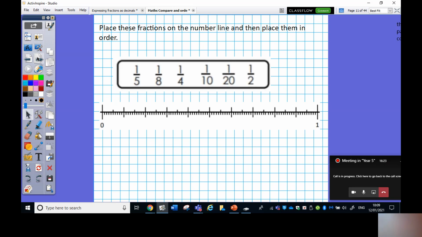Our number line's been divided into 100 equal parts, as well as 10 equal parts and 20 equal parts. You can pause the video and then unpause when you're ready to go through the answers, or you can continue with me now and hold your finger over where you think the fraction goes along the number line. Let's go.